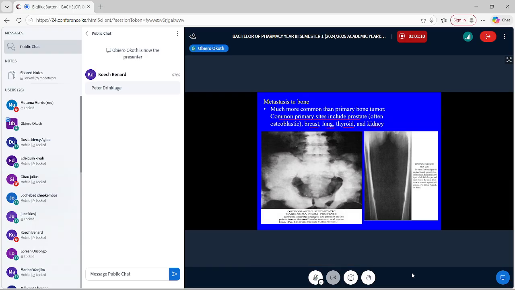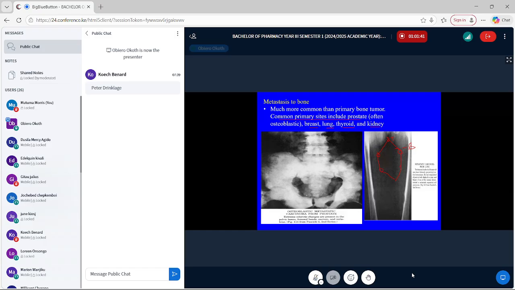The easiest way to remember is you draw a triangle. If you want to remember which malignant tumors like going to the bone, you draw something like that. Here you have thyroid. Here you have the breast.